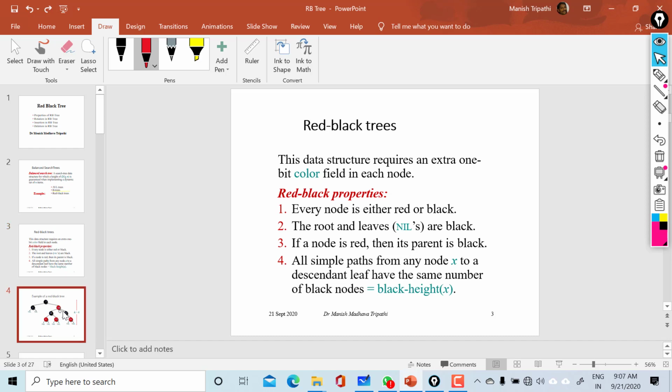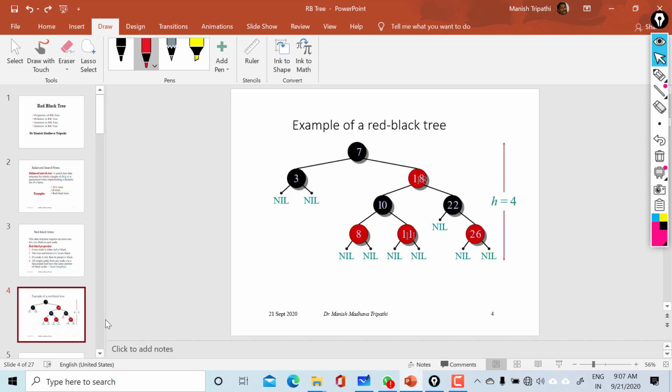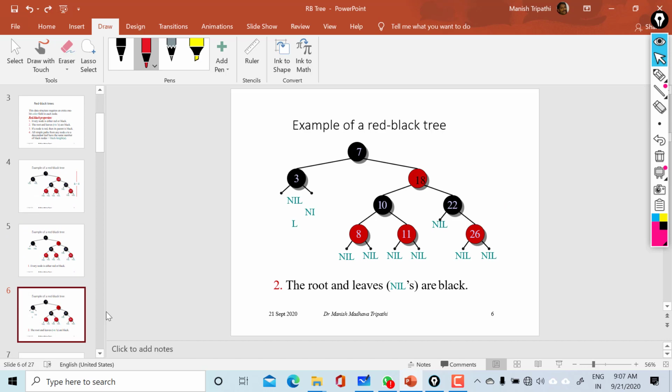Next, this is an example of a red-black tree. Here we can see that the nodes are either red or black. 7, 3, 10 and 22 are black nodes, and 18, 8, 11 and 26 are red nodes. The root is 7 and its color is black.